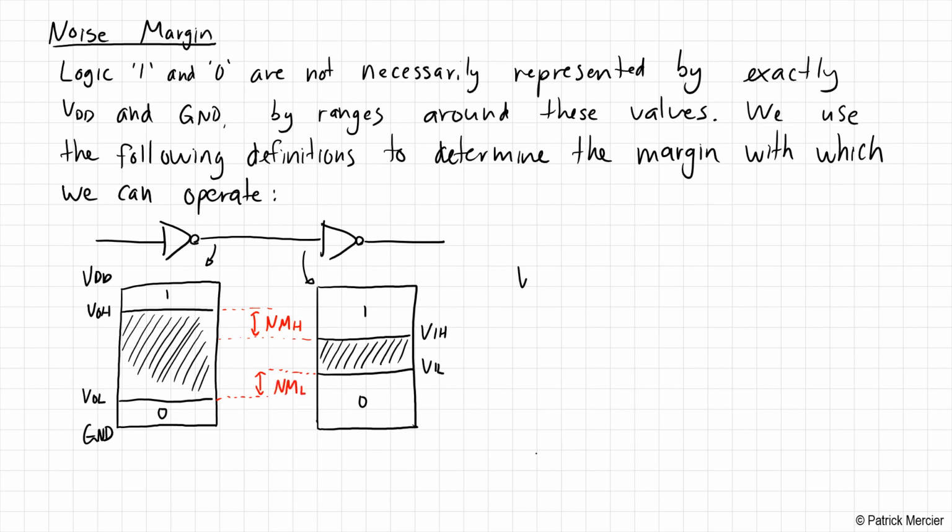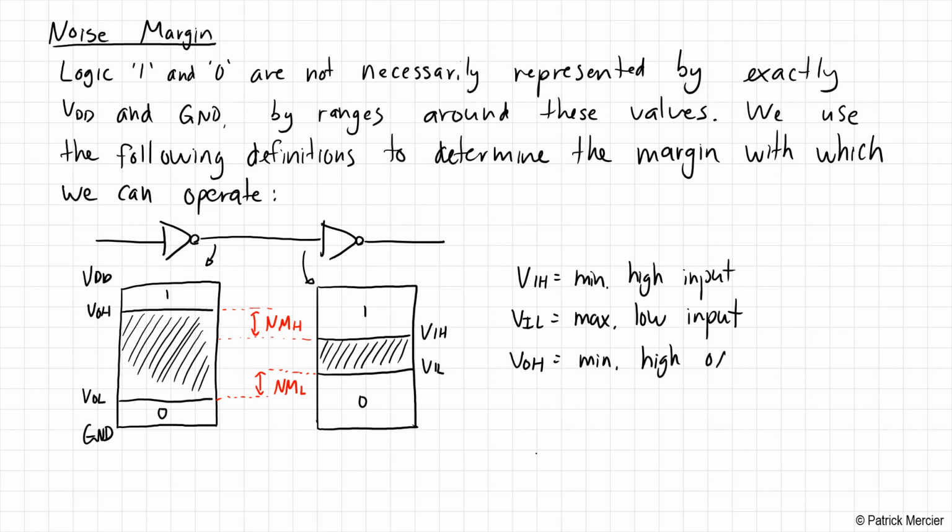So we say VIH is the minimum high input, VIL is the maximum low input, VOH is the minimum high output, and VOL is the maximum low output.